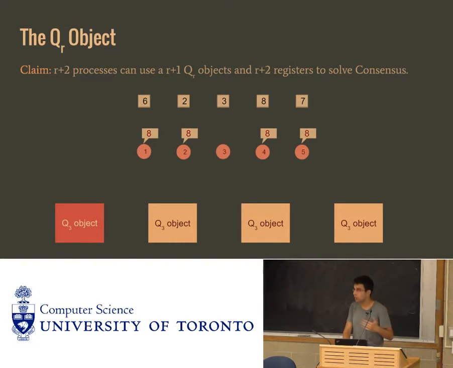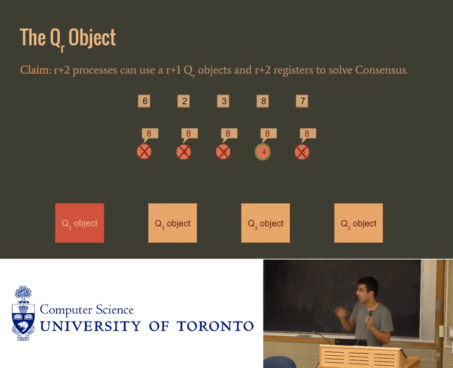It's not able to directly query the first Q3 object, but what we have now is the ability to deduce who is actually the winner. Process 3 knows that it's not the winner. It also knows by querying the second Q3 object that process 2 is not the winner. It can query the next Q3 object to learn that process 5 is not the winner, and similarly that process 1 is not the winner. From that, it deduces that process 4 is the winner, and it uses this information to read the register associated with process 4 and decides that value.